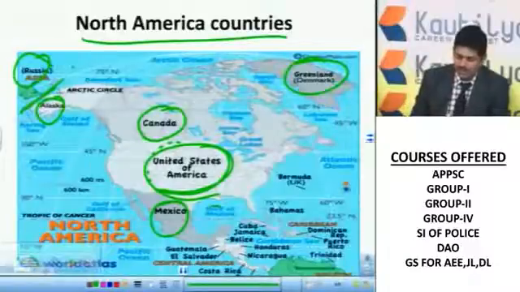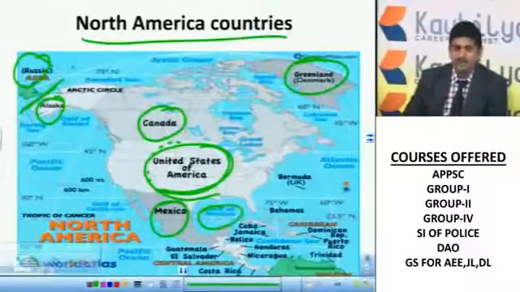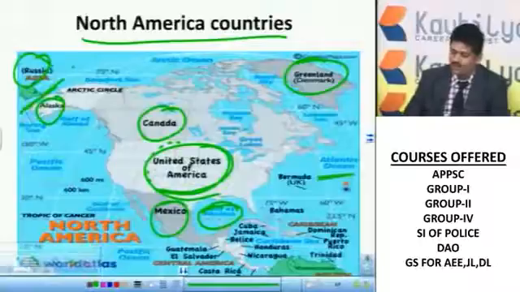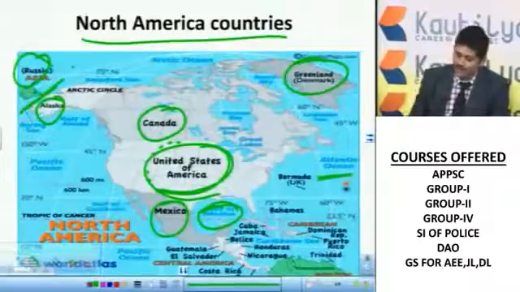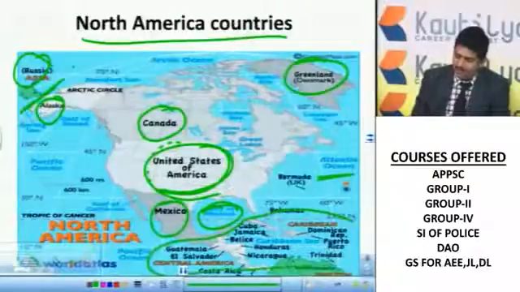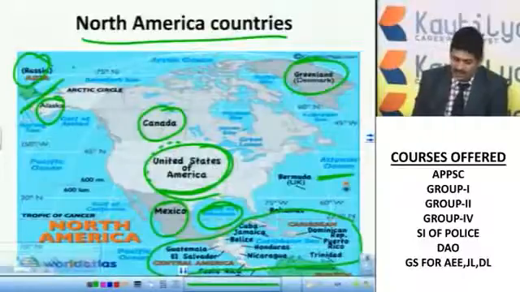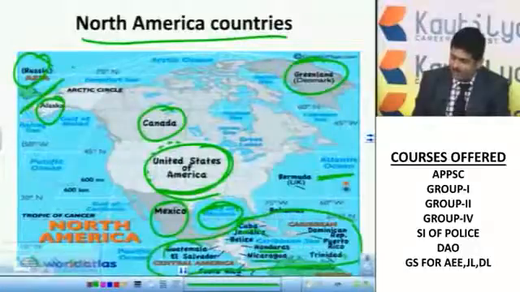Here you can see the Gulf of Mexico. According to a few geographers, it is the largest Gulf in the world. Here you can see the Atlantic Ocean, and we call all these the Central American countries or West Indies or Caribbean islands. You can see here Guatemala, Cuba, Jamaica, Honduras, Nicaragua, Trinidad.